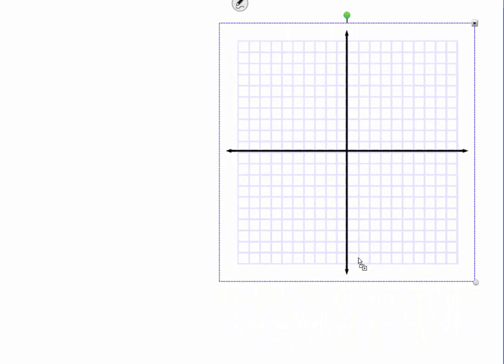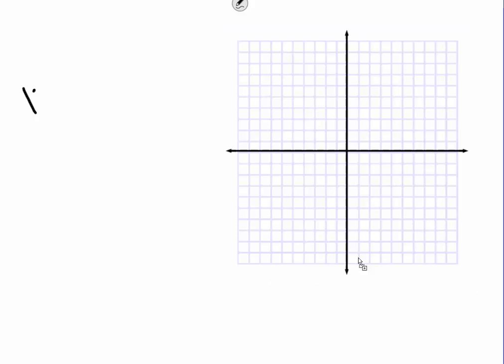So let me just make up a quadratic here. Let's say x squared plus 5x plus 6 equals y.